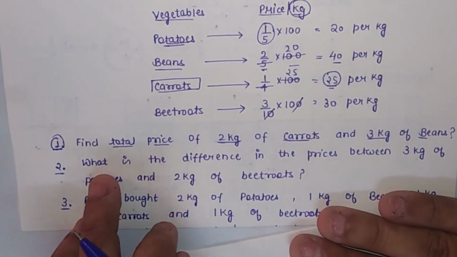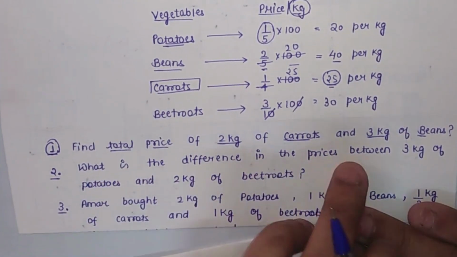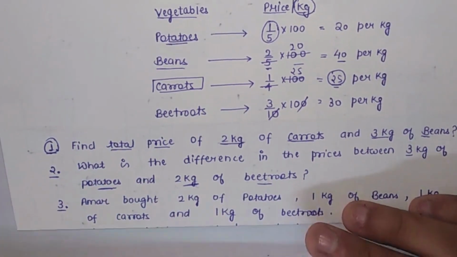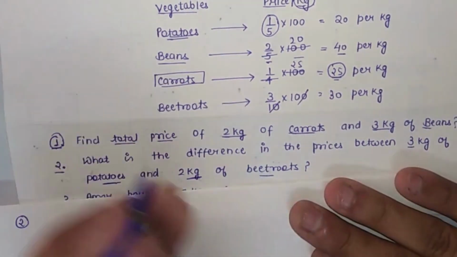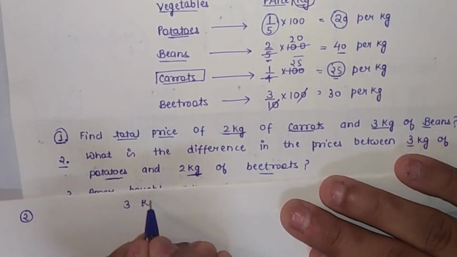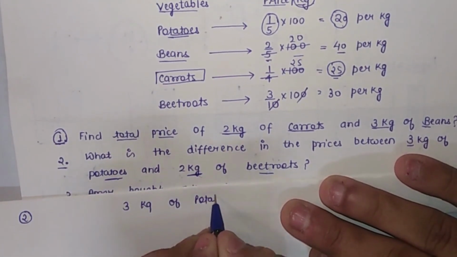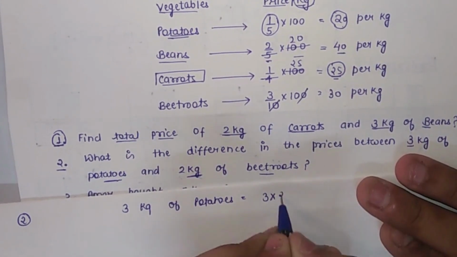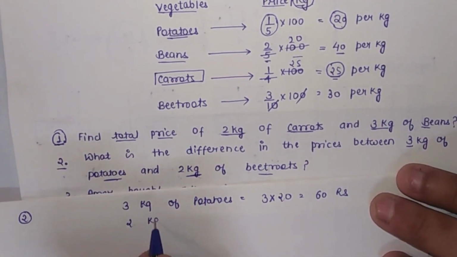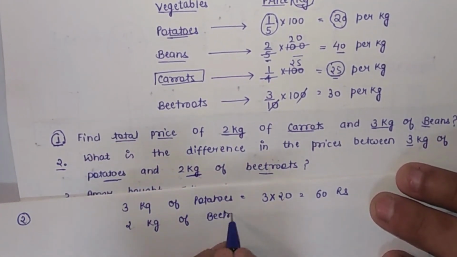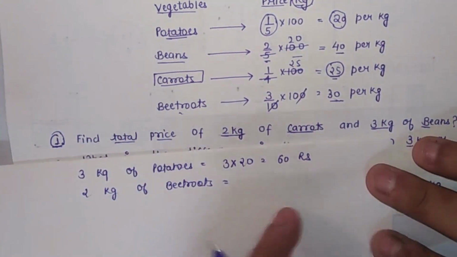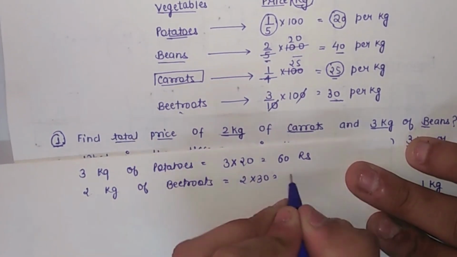Now let's take a look at question number 2. It says: what is the difference in the prices between 3 kg of potatoes and 2 kg of beetroots? 1 kg of potato costs rupees 20, so 3 kg of potatoes will cost 3 times 20, which is 60 rupees. 1 kg of beetroots costs rupees 30, so 2 kg of beetroots will cost 2 times 30, which is 60 rupees.